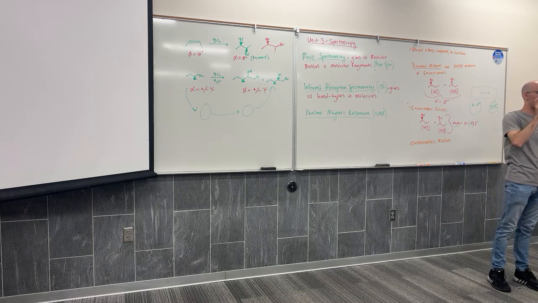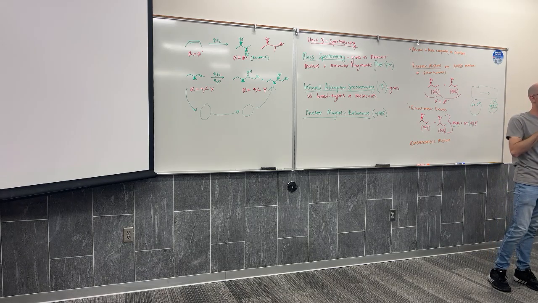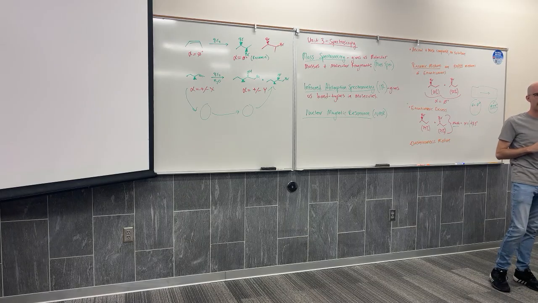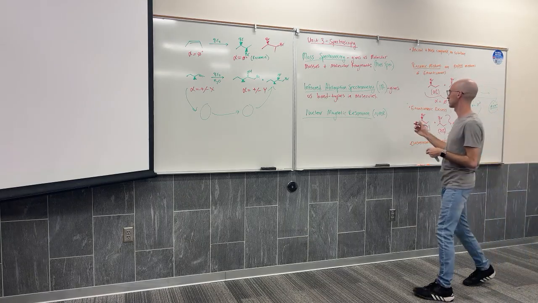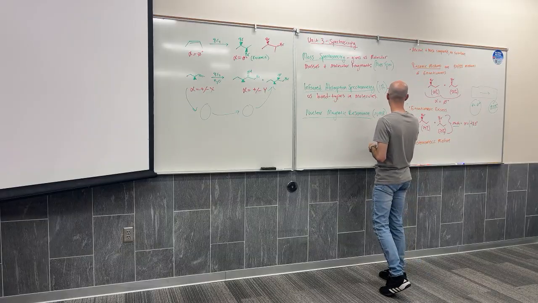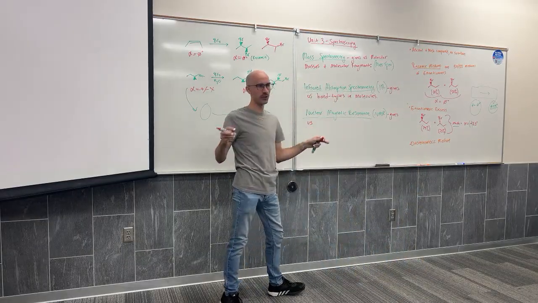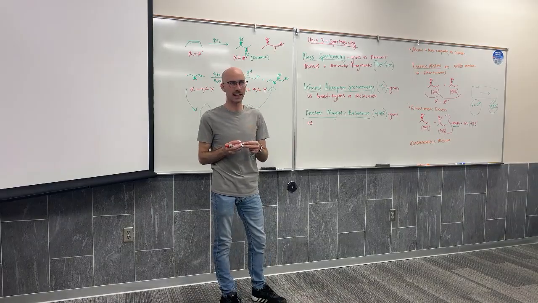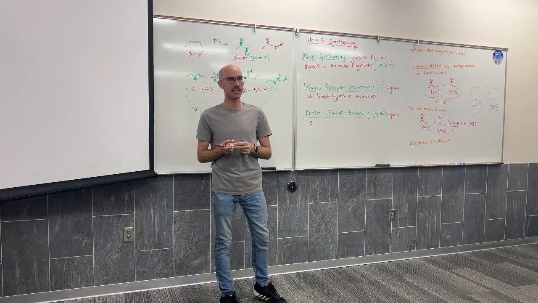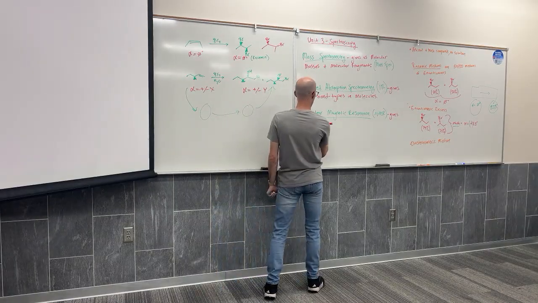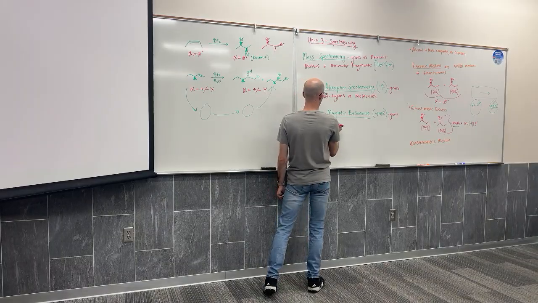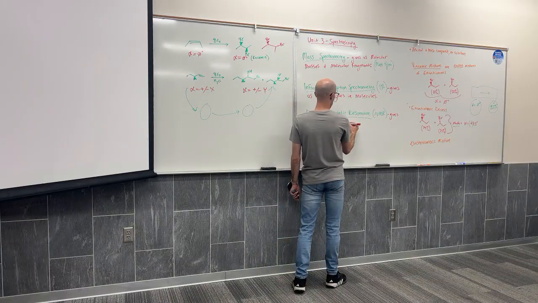But we're going to focus on proton NMR, H1 NMR, the nucleus of the hydrogen atom. NMR is going to tell us how all of the nuclei of the hydrogen atoms are connected in a molecule. This gives us structural connectivity.